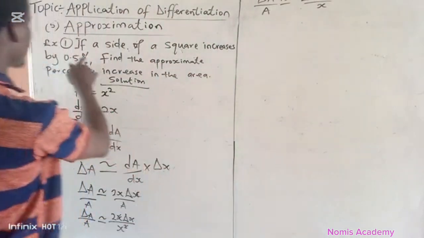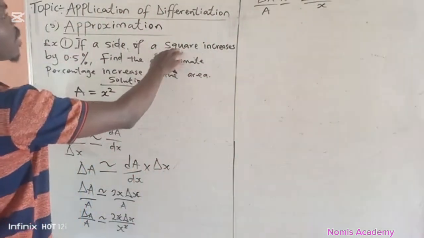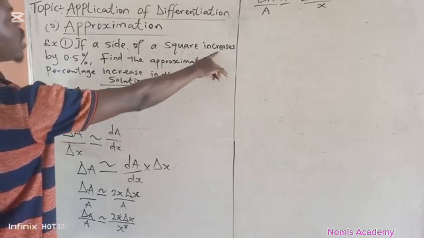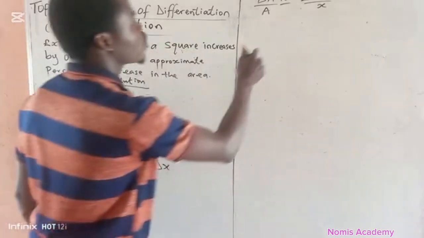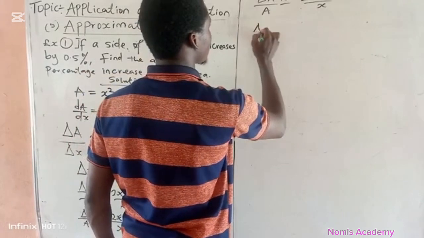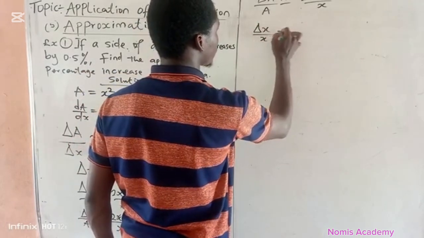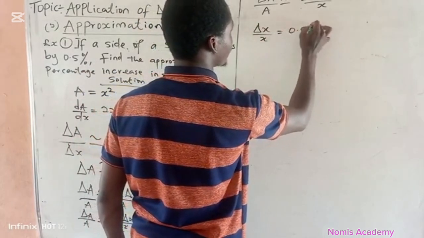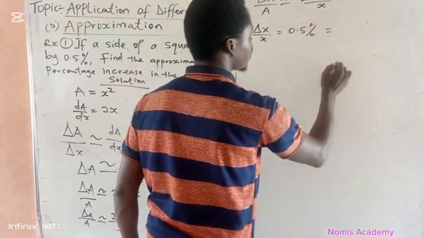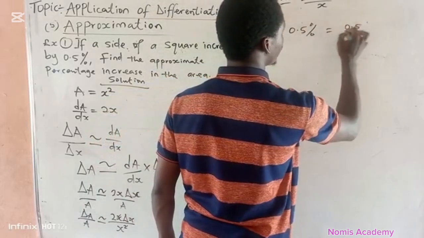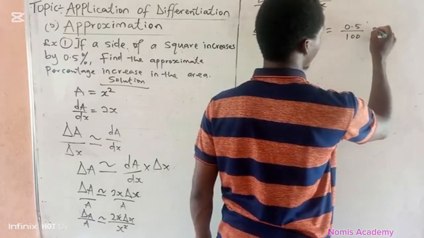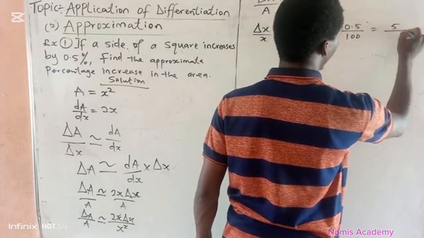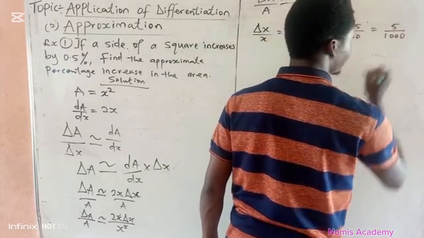Alright, according to the question, the side increases by 0.5%. So our delta x over x is equal to 0.5%, which is 0.5 over 100, which can also be written as 5 all over 1000.